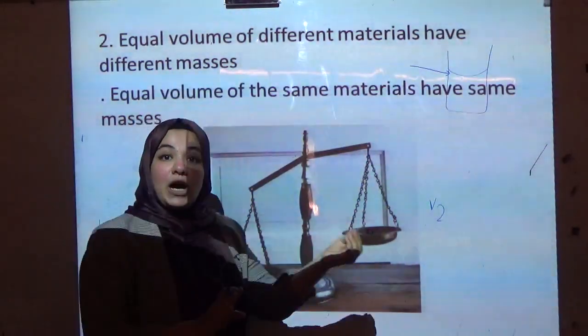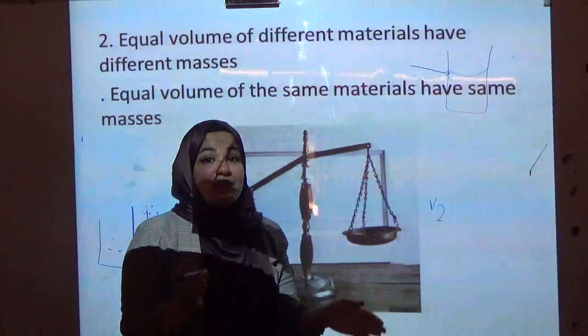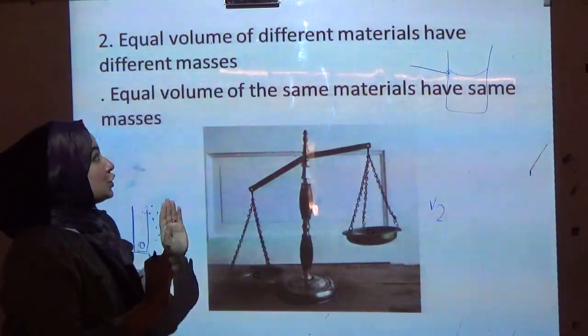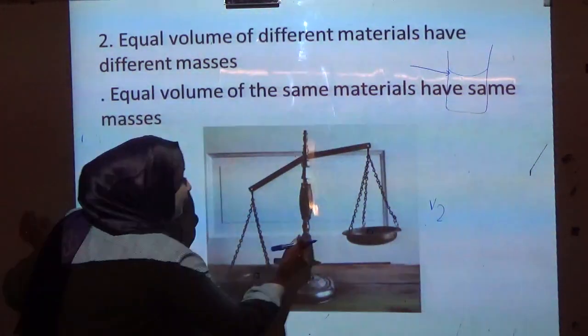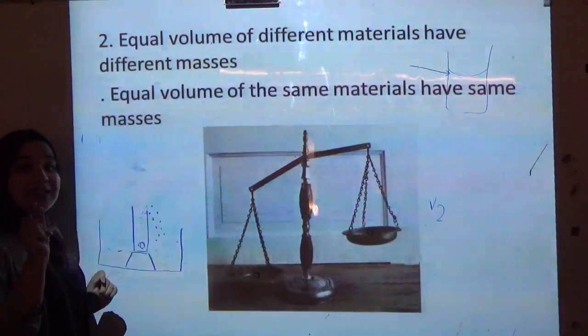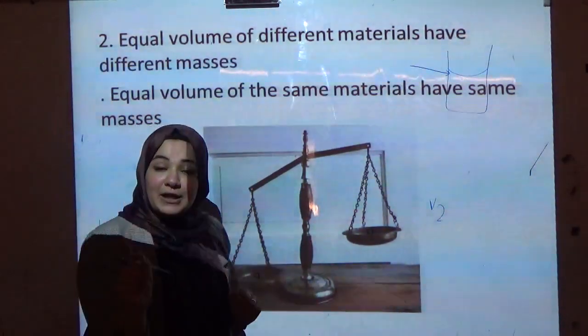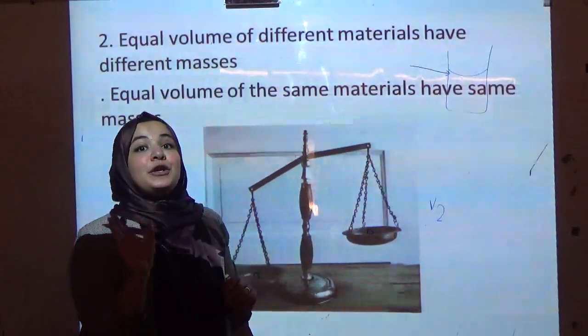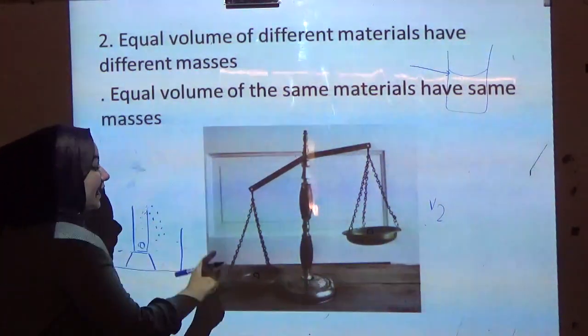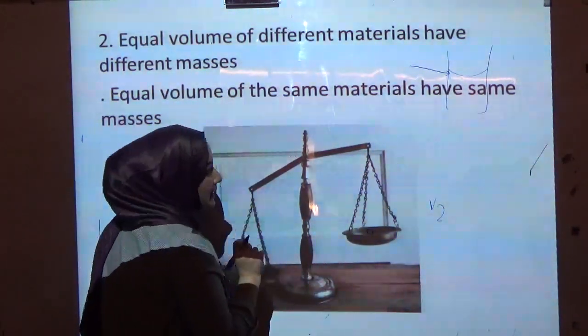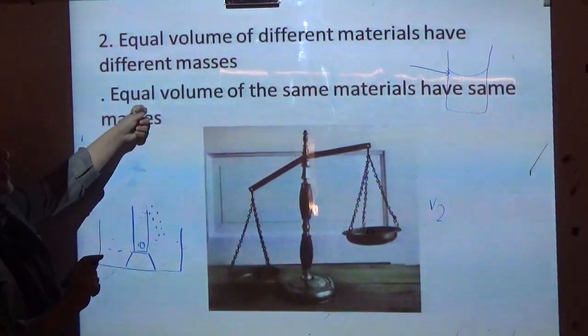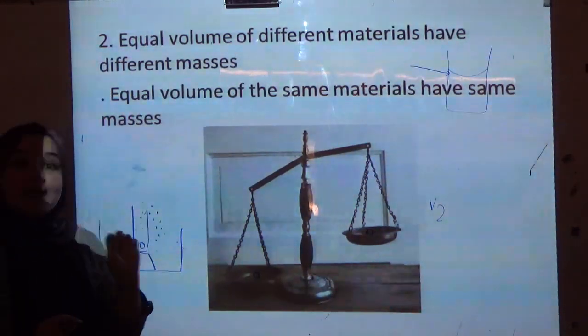Of course, the iron is much heavier than the wood. So if they have the same volume but are different materials, they will have different masses.